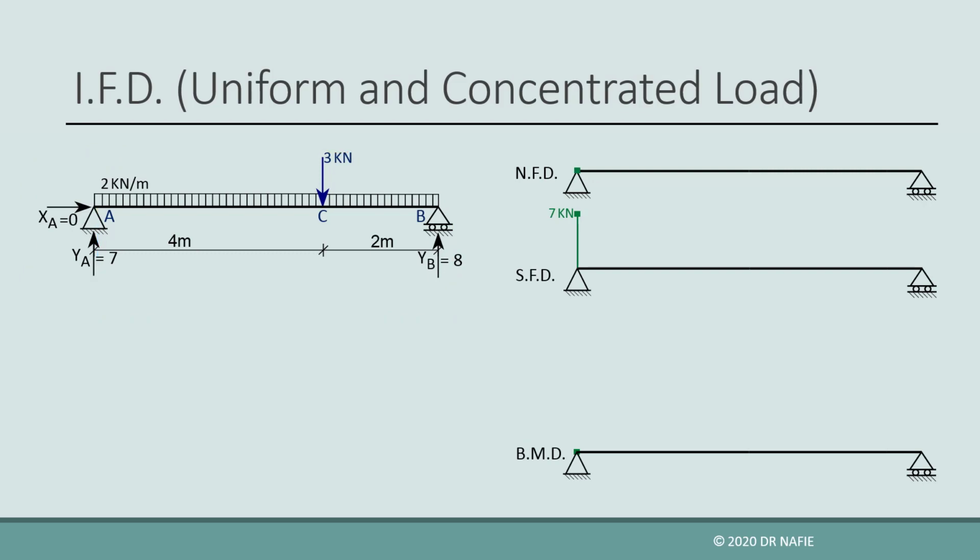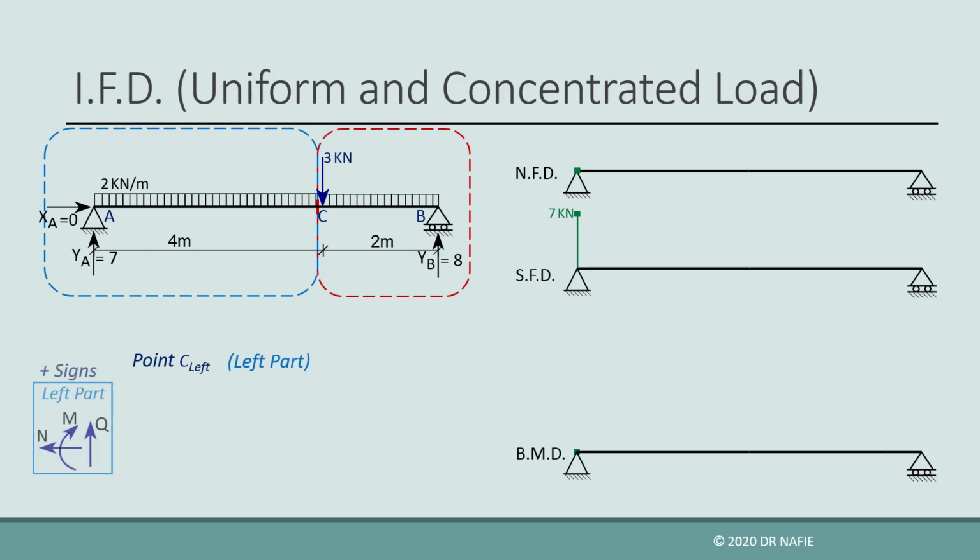Next, we evaluate the internal forces at the next critical point, which will be just to the left of the 3 kN concentrated load located at point C. We follow the same procedure by dividing the beam into two parts at that point, and we will use the left part. We will convert the distributed load in the left part to an equivalent concentrated force, but take care that we will not consider the total length of the distributed load.